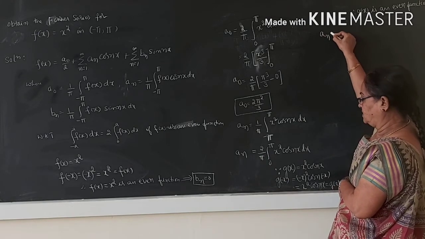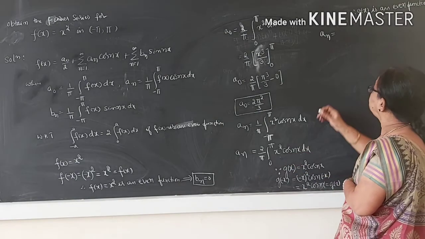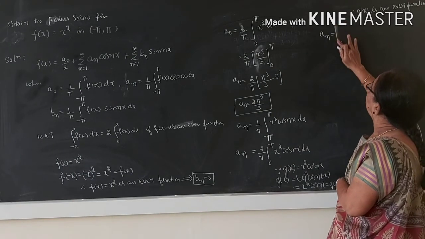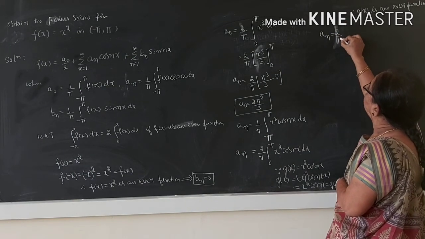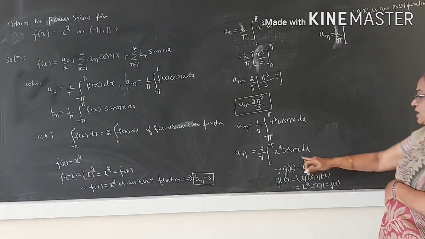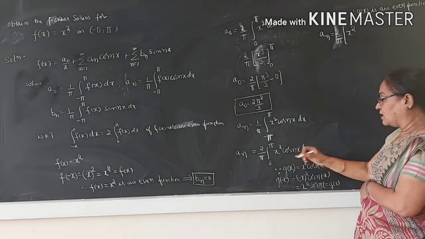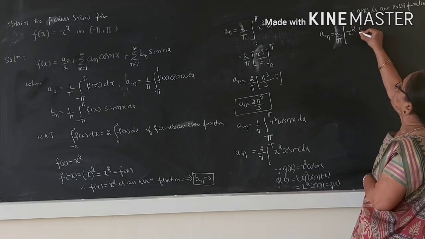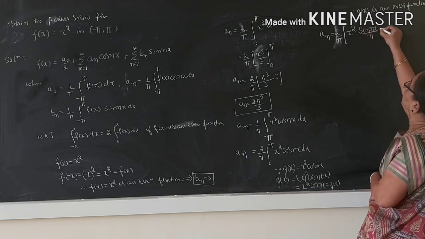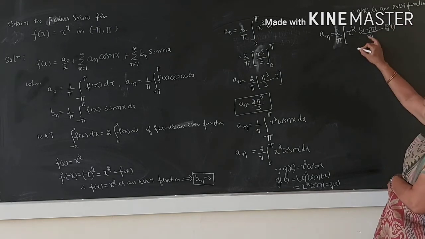Now I write an is equal to, in order to integrate this, I use the technique of integration by parts. Is it okay? I write 2 by pi constant. Now I write the first term. What is that? x square. What is integration of cos nx? This is equal to sin nx by n minus. Now I write the differentiation of x square. It is 2x.